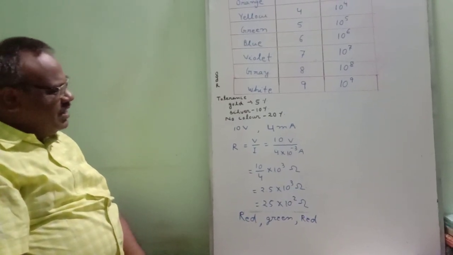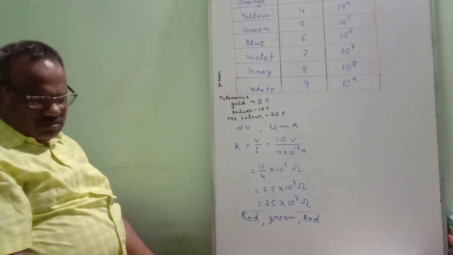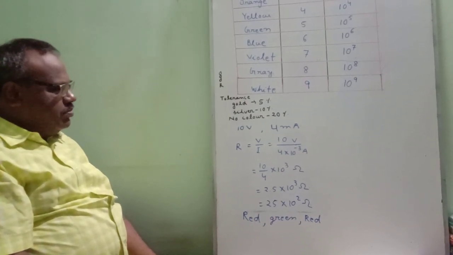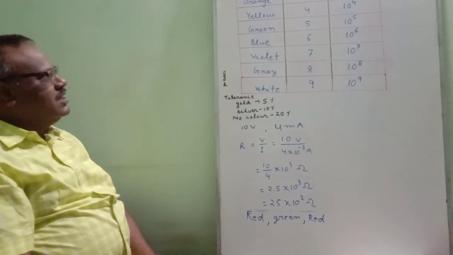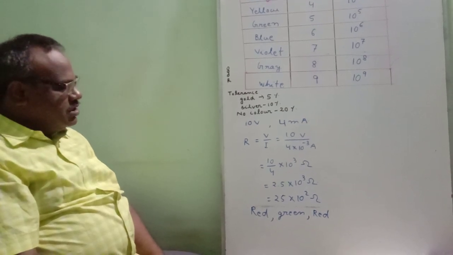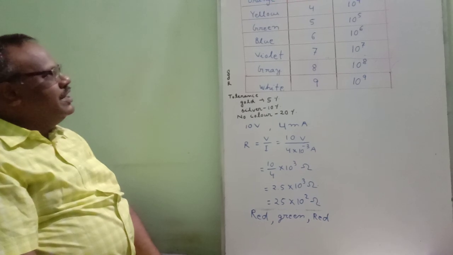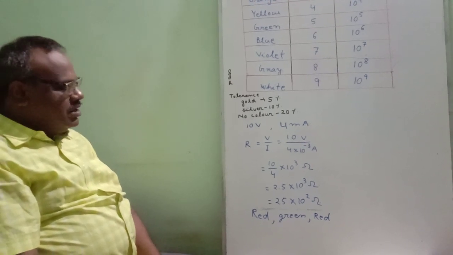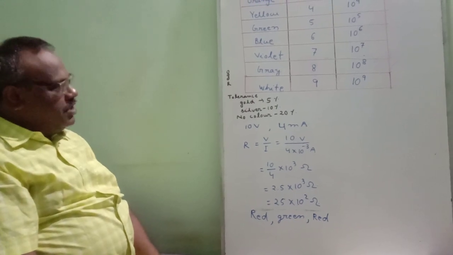The cost is very low, one carbon resistor is not more than 2 or maximum 5 rupees. So you can take them and see the different types of carbon resistors which are used, how they can be fabricated in the circuit and how you can determine the value of them. Thank you.